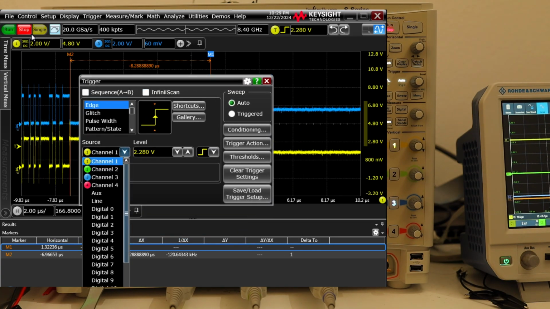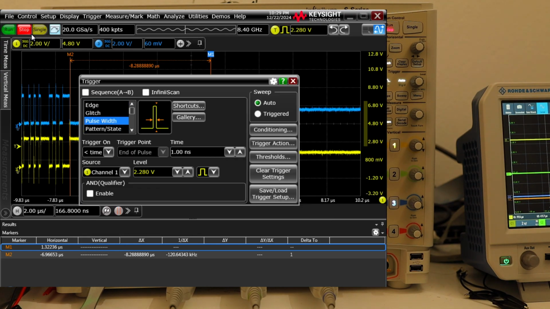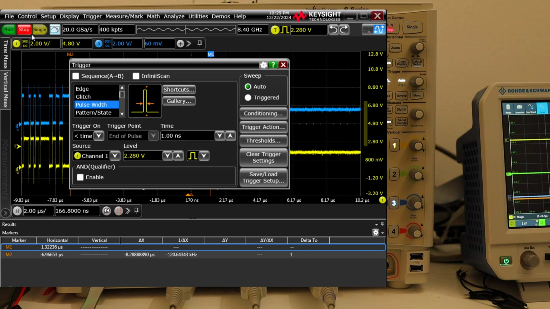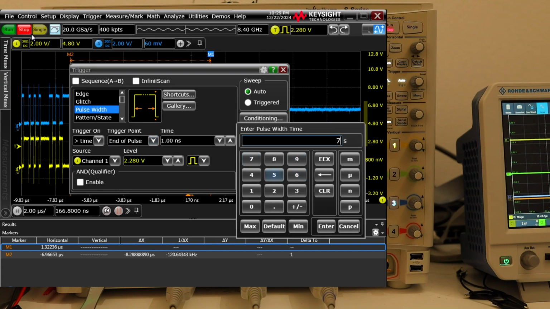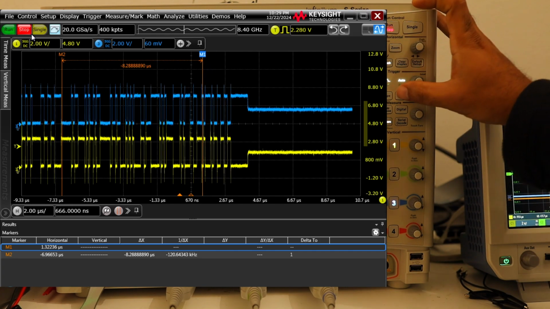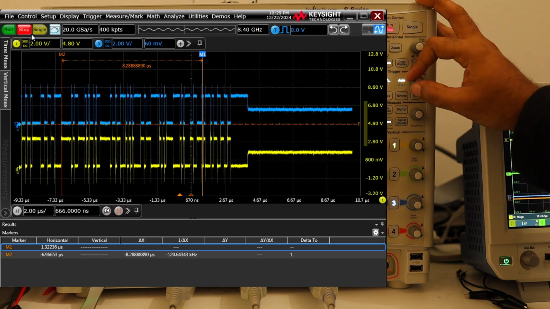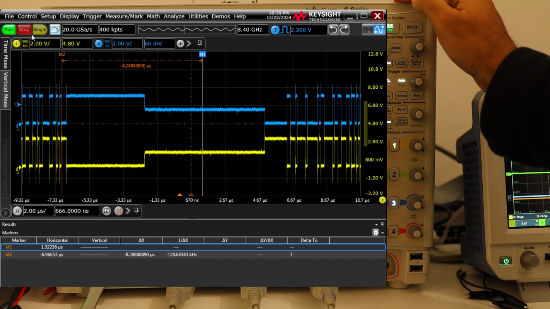So we'll take channel number 3, sorry. Positive going pulse, and it should be greater than 7 microseconds, and we will set up a threshold appropriately. Let it run.